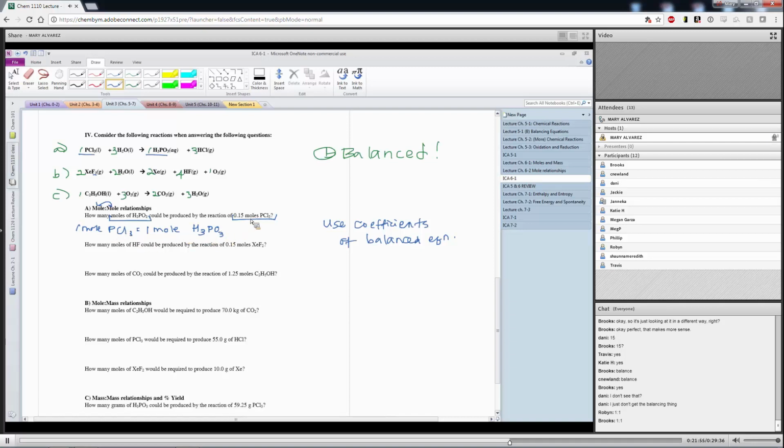So if I'm starting with this, 0.15 moles PCl3, I can use this equivalency to say 1 mole of PCl3 will give me 1 mole H3PO3. And if I do that, what's the answer to my question? How many moles could be produced?